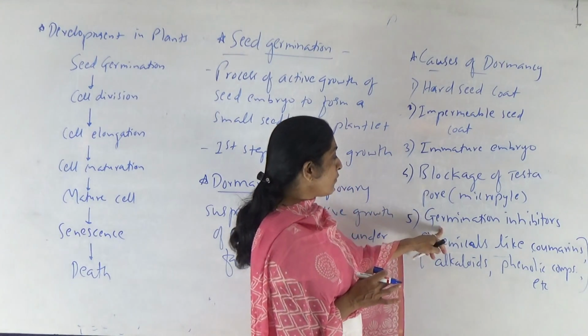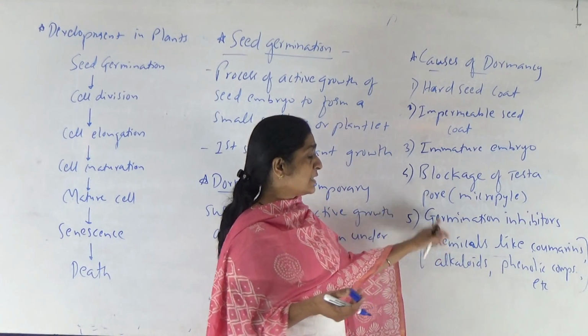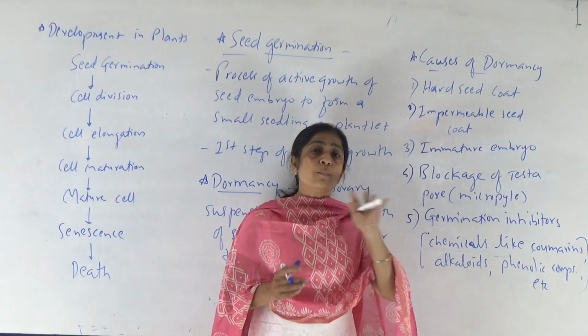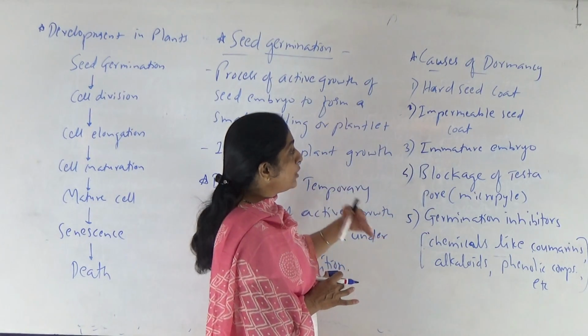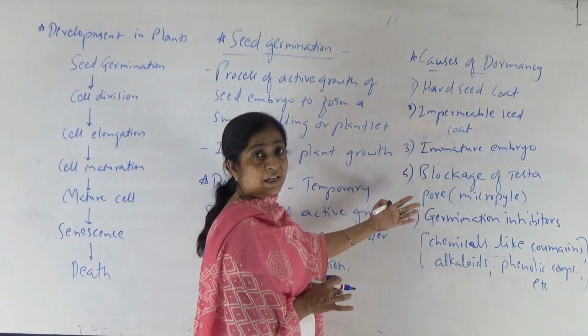So the presence of germination inhibitors in the cell is one of the causes of dormancy of seed. Okay, so these are different reasons why dormancy develops in the seed.